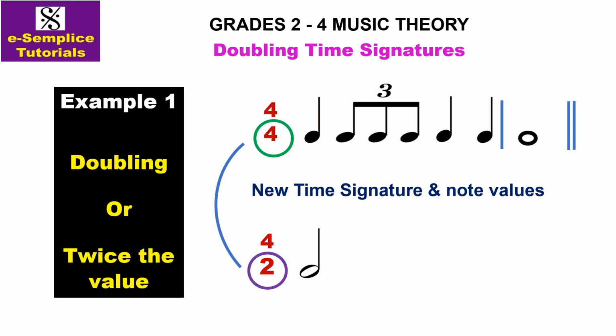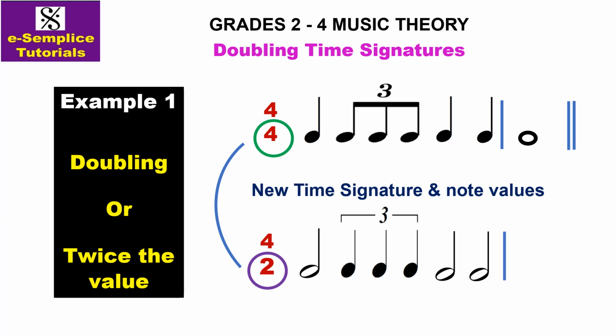The crotchet above becomes a minim, and then the quaver triplets become a crotchet triplet, and then the crotchet becomes a minim again, another minim, the bar line, and then you double the last note. If you double the last note, you are going to have a breve.